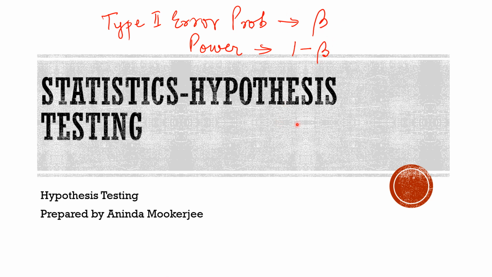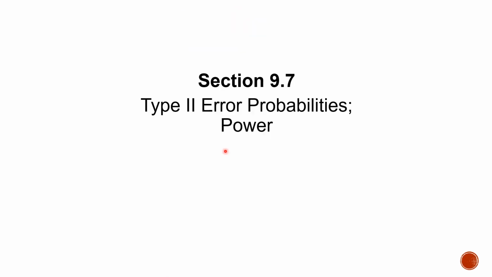All right, so that's going to be the topic of discussion in this set of slides. In this section of chapter 9, we are going to talk about type 2 errors and their probabilities, and also something called the power of a hypothesis test.